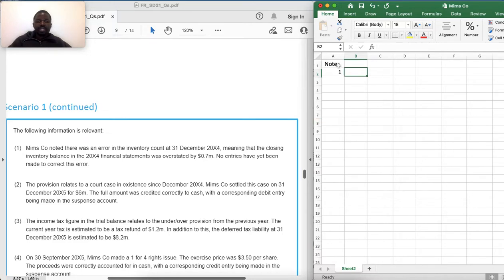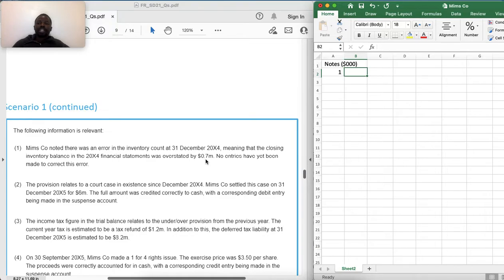Now let's do the correction. I would like to be working in thousands. So I will tell the examiner I am working in 1,000. Then under note number 1, if the closing inventory for 20x4 was overstated by 0.7 million, the closing inventory increases profit, because when we are calculating the cost of sales, we'll say opening inventory plus purchases less closing inventory.